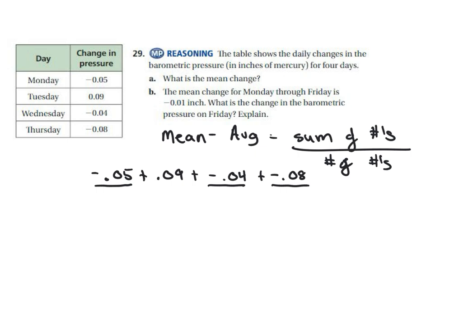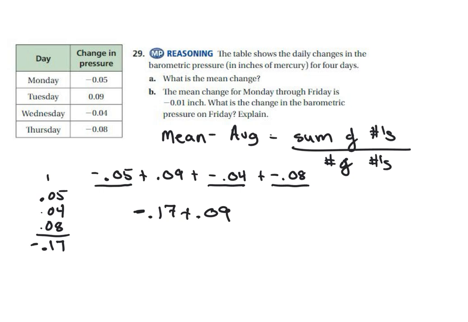So we have negative 0.05, 0.04, and 0.08. So that's 9, and so that's 17. And all of those were negatives. So we have negative 0.17 plus 0.09.